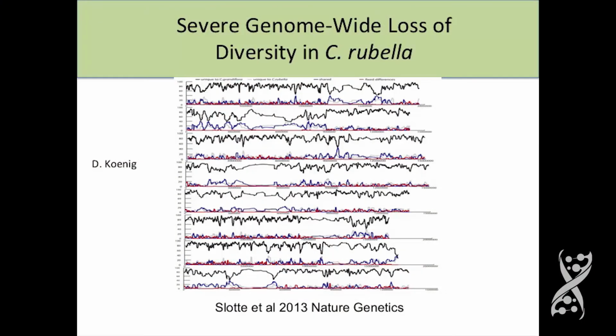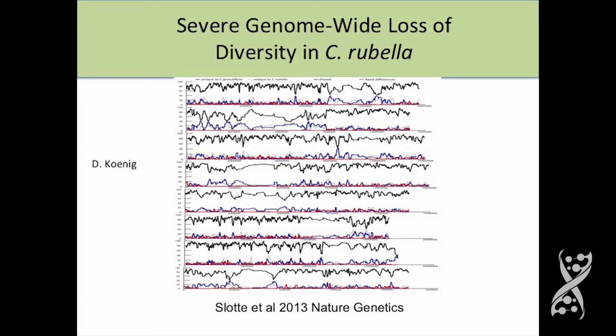So one thing we see when we look at patterns of genome-wide diversity along chromosomes: in black you see the polymorphisms that are unique to Capsella grandiflora. In blue you see shared polymorphisms between the selfer and the outcrosser. And in red you see polymorphisms that are unique to the selfer. So there's a genome-wide collapse of genomic diversity that's almost complete, associated with this transition to selfing.